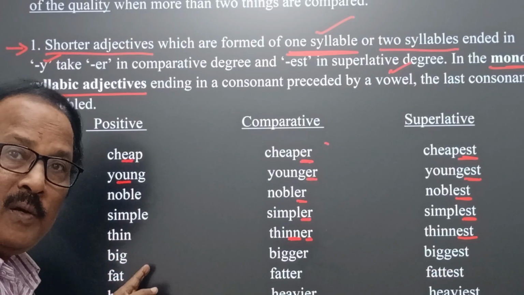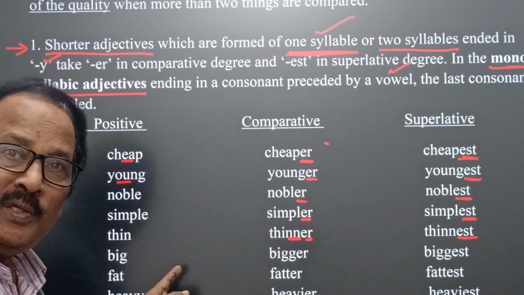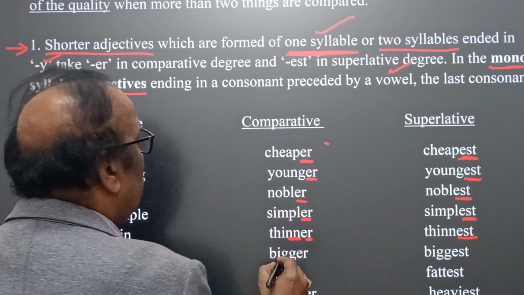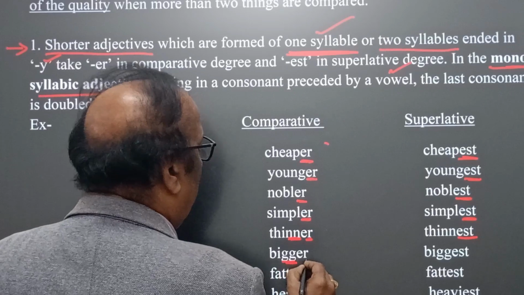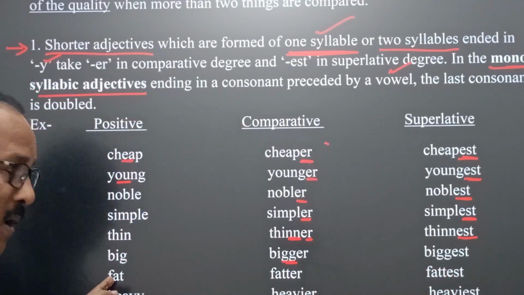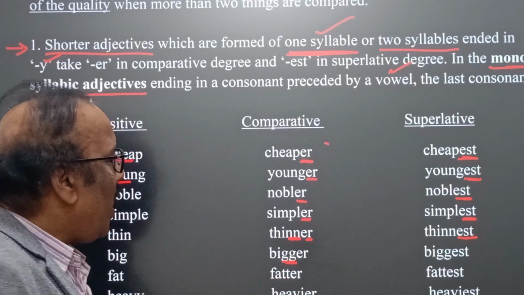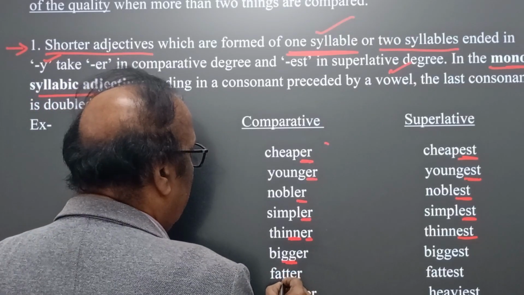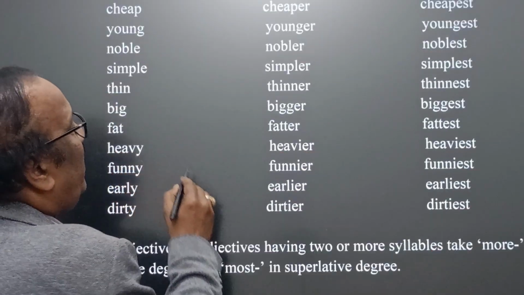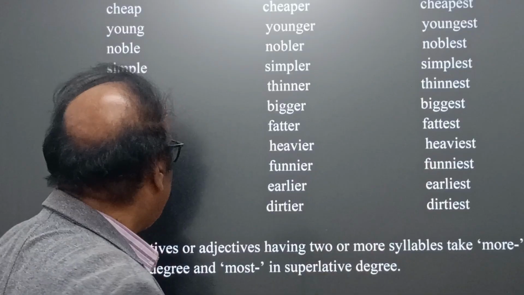Here I is the vowel and G is the consonant. That's why bigger, B-I-G-G-E-R, bigger, okay, and biggest. Fat, vowel A, and that's why fatter, F-A-T-T-E-R, and fattest.